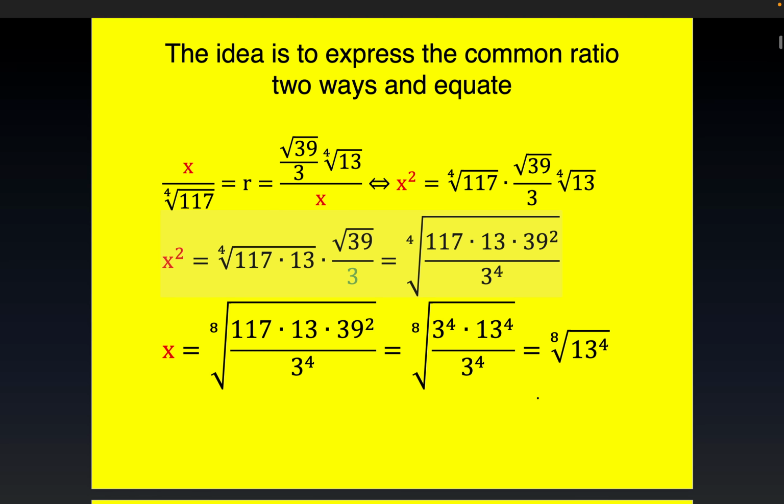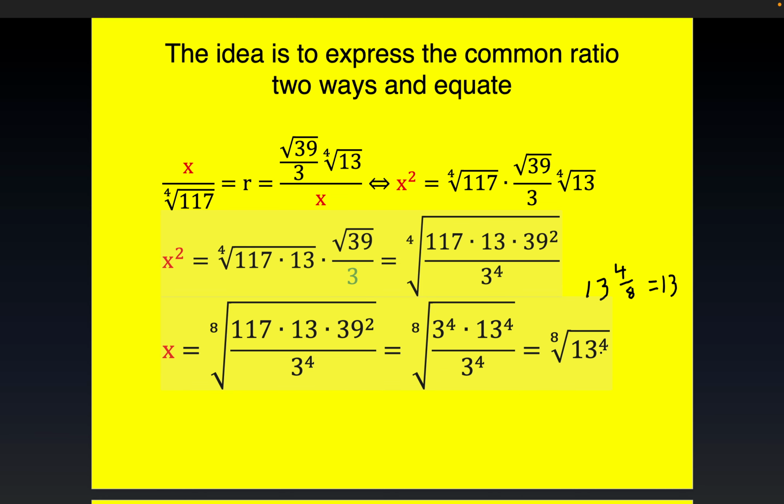Now that's very nice, because we get this statement here, the 3 to the 4th terms cancel. But if you must, some of you may prefer to say 13 to the 4 over 8, which is equal to 13 to the 1/2. It's totally style.